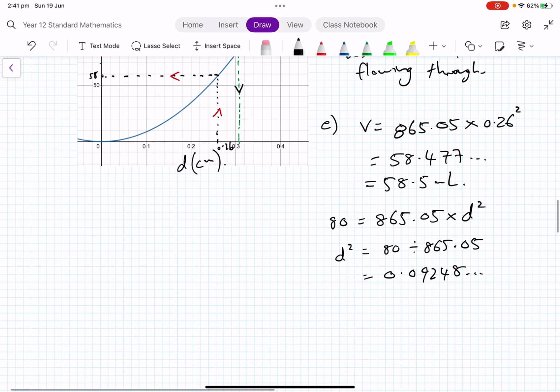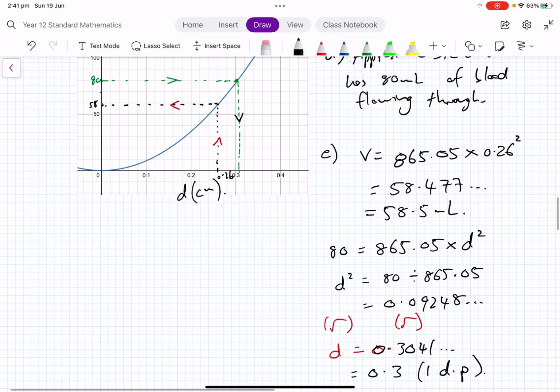Then we take the square root on both sides, and D is the square root of 0.09248, which is 0.304. That's 0.3 to one decimal place.